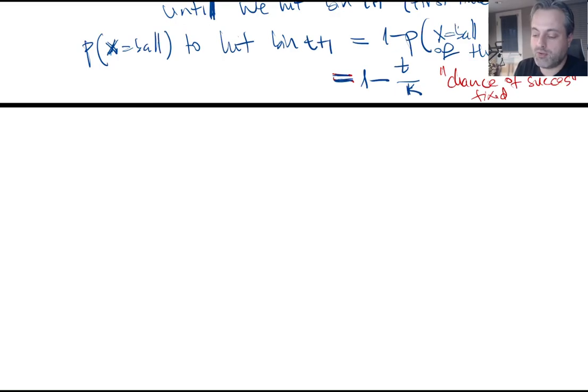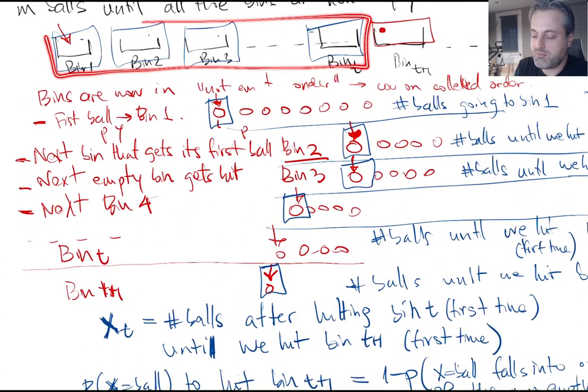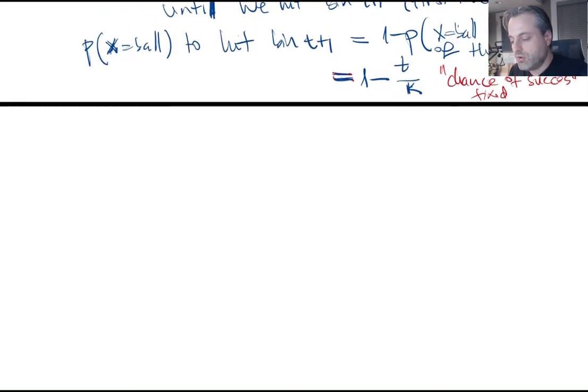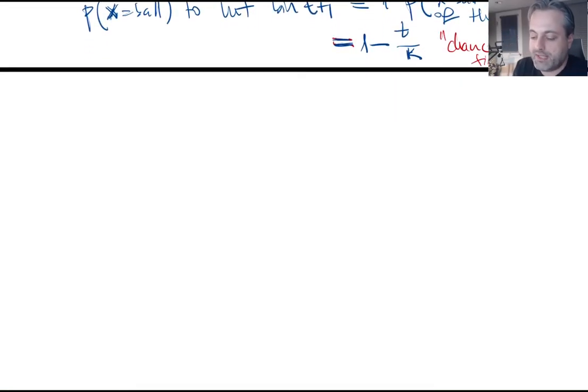As long as the balls fall into these first T bins that have already balls in them, I'm not moving forward, so I have the same chance of success. The next ball will also fall into one of those. I'm going to skip this detail for now. That's an exercise. This is a geometric distribution.